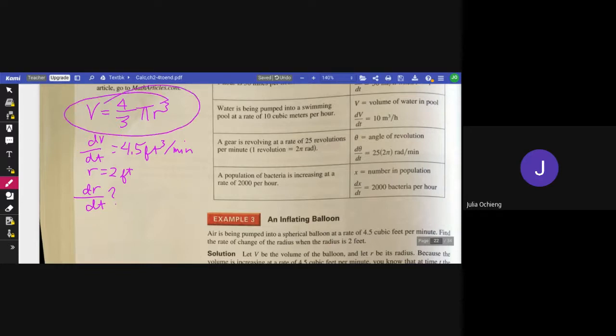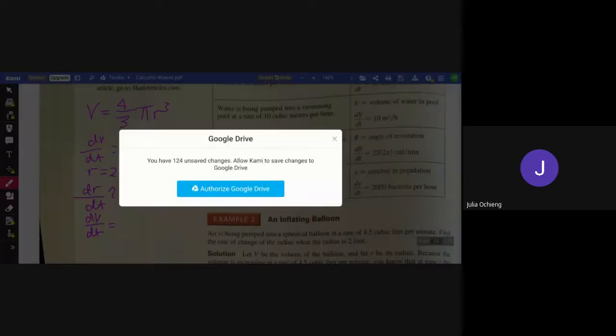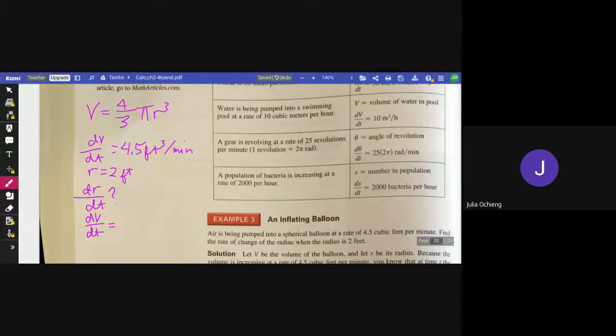This is my equation that uses volume, which is information they gave me, and it uses radius, which is what I'm trying to solve for. Now I'm going to differentiate in terms of time. That's the next step. dV/dt equals d/dt of 4/3 pi r cubed.